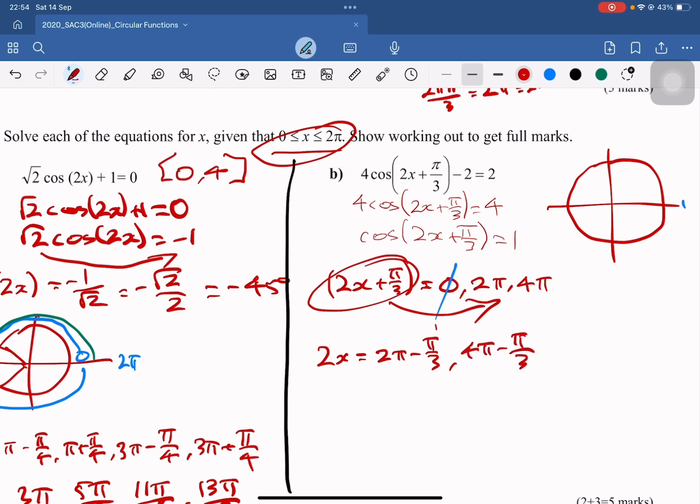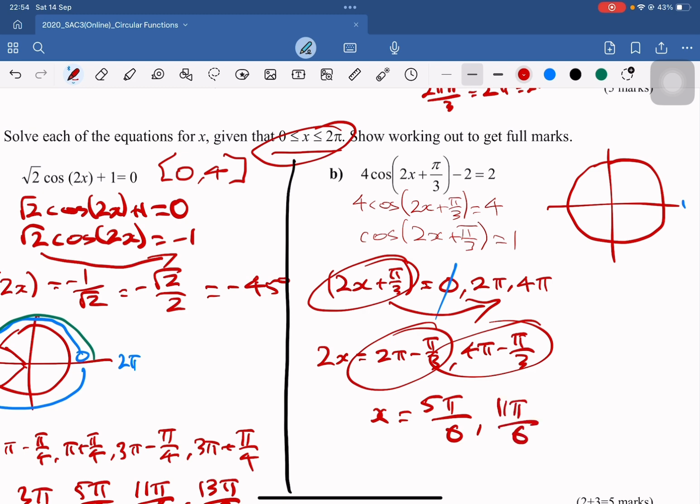Then you're basically just going to divide everything by 2 to get x by itself. And the answer that you're going to get is, well, two answers: x equals 5 pi on 6 and 11 pi on 6. This equation looks hard, but it's actually very, very easy and very simple. And so is this one.